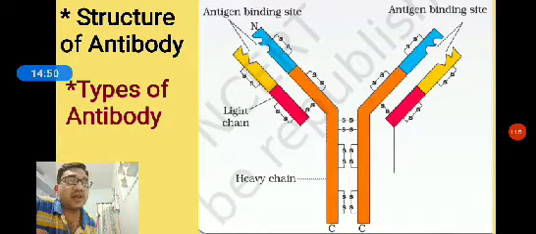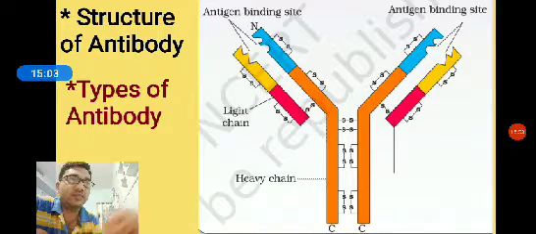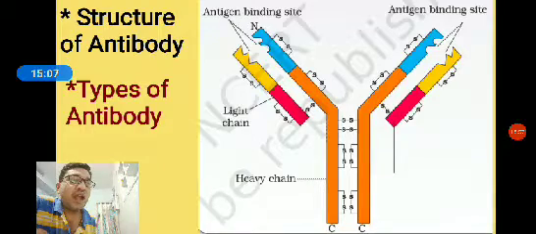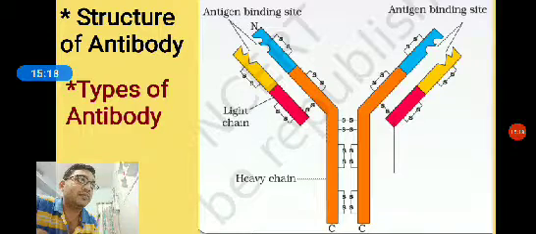All 4 chains are held together by disulfide bonds. These are the disulfide bonds. Then the polypeptide chains have two regions, namely the variable region and the constant region.